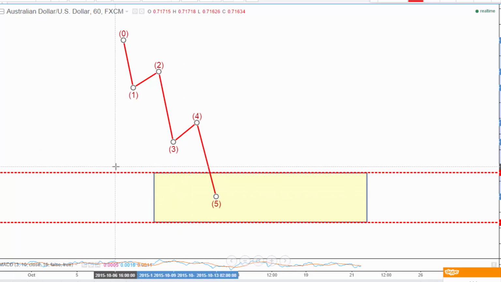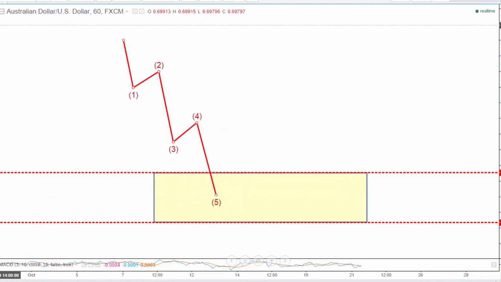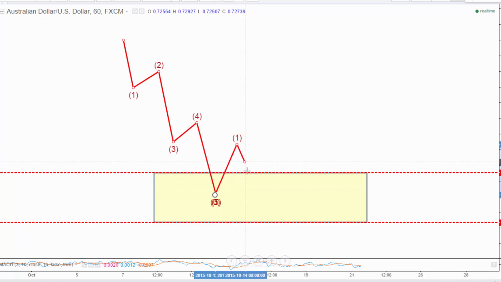Two ways to look at it. Number one, what if the market hits here and stops? What if the market hits there and stops? Well, our job is to let that market shift. We want that market to shift up, even out of the zone. Put that higher low. Shift it.